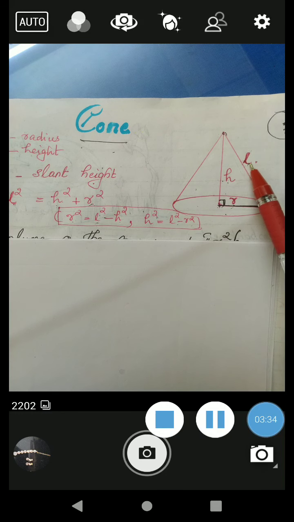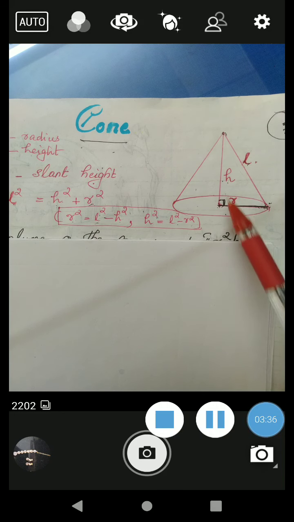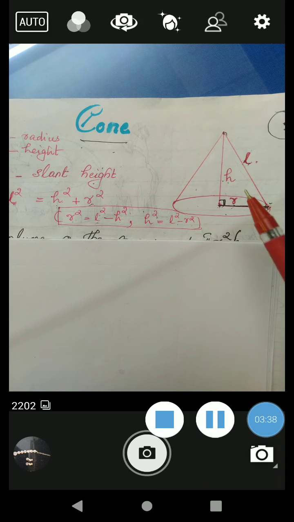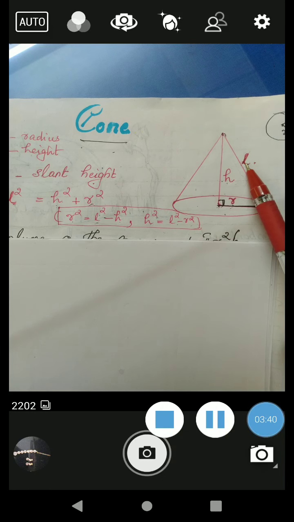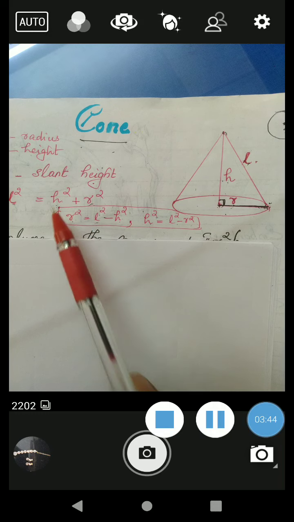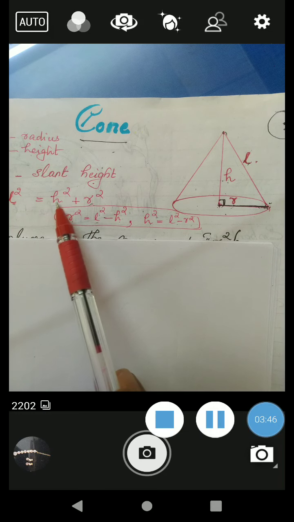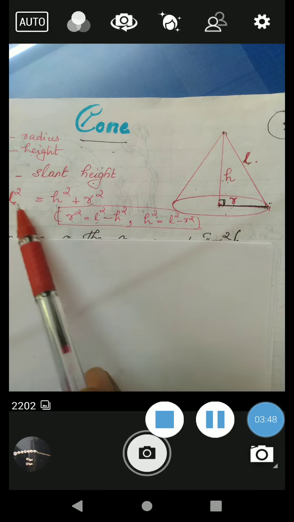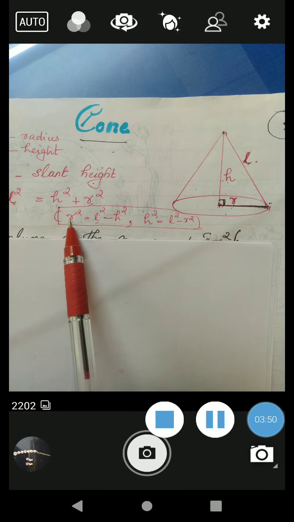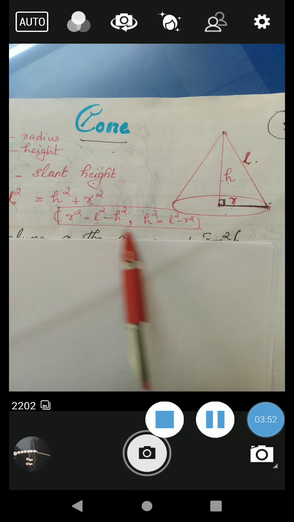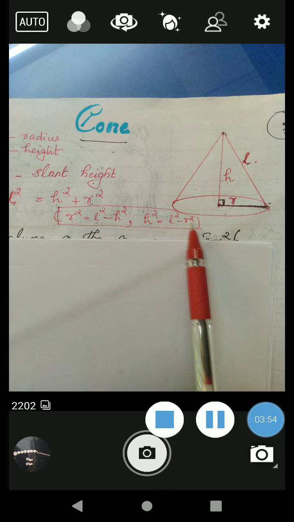That means L square is equal to h square plus r square. Similarly, if you are given L and h, you can find r. Transposing h square to the left side, r square is equal to L square minus h square, and h square is equal to L square minus r square.